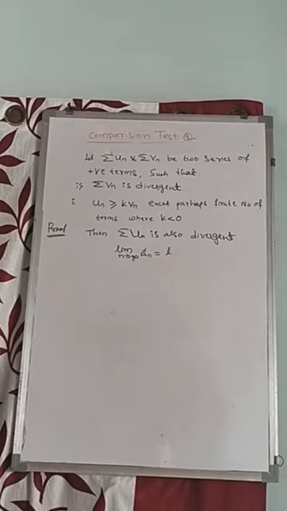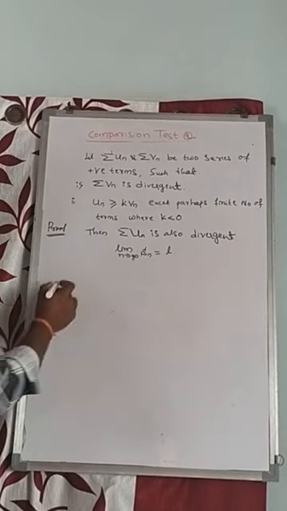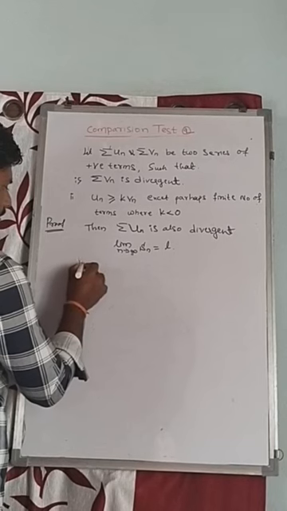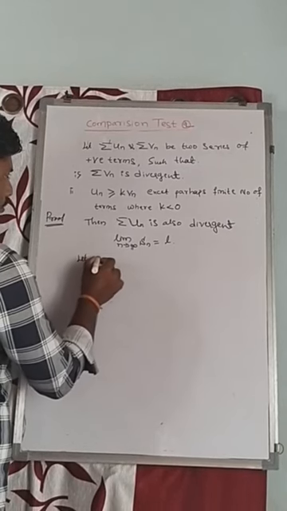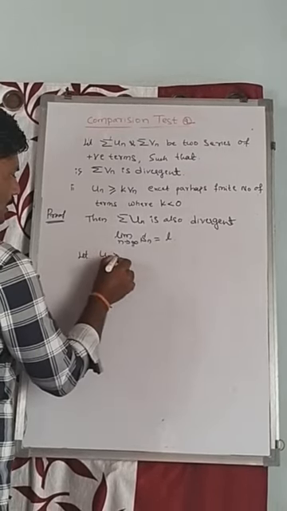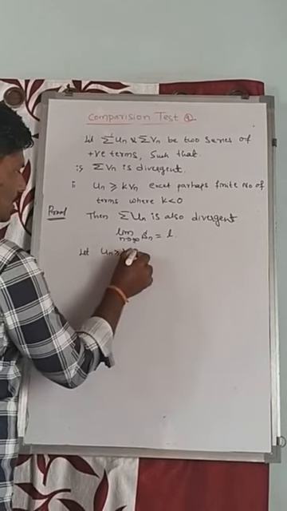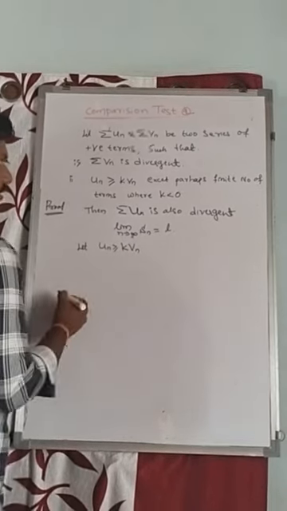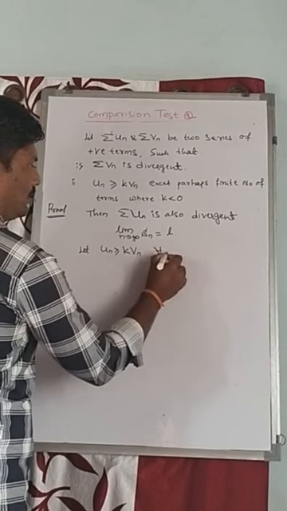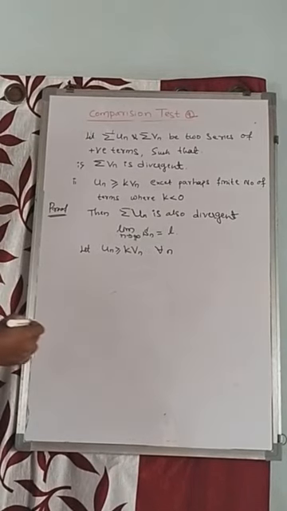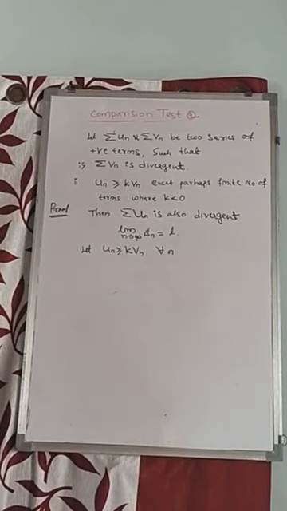Summation of vn is also divergent. Then second condition, let un be greater than or equal to k into vn for all n.